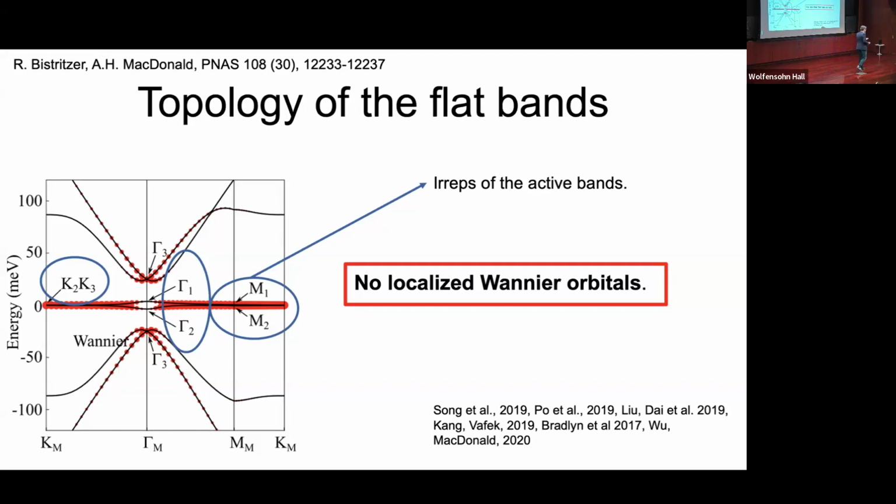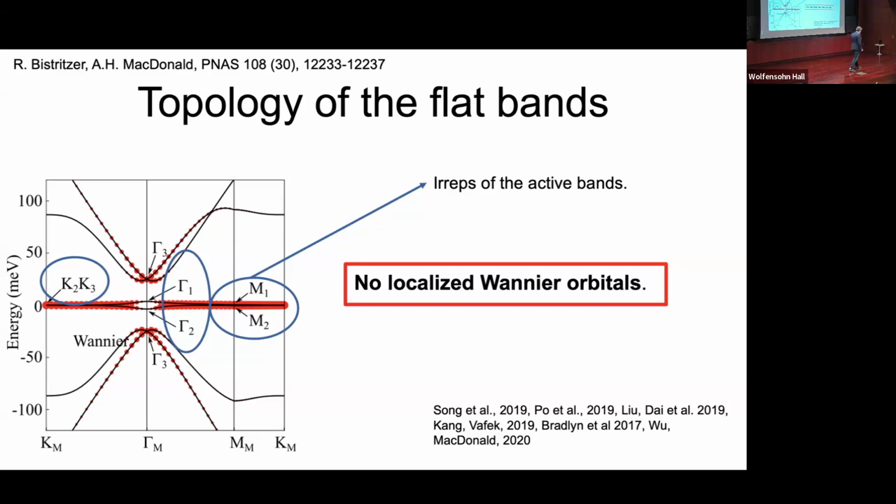So you want a real space picture, since Coulomb interactions are local, especially screened ones. You can work in momentum space, and you can make a lot of progress by just working in momentum space, but that obscures a real space description, and I'll show you that this real space description can be essential.